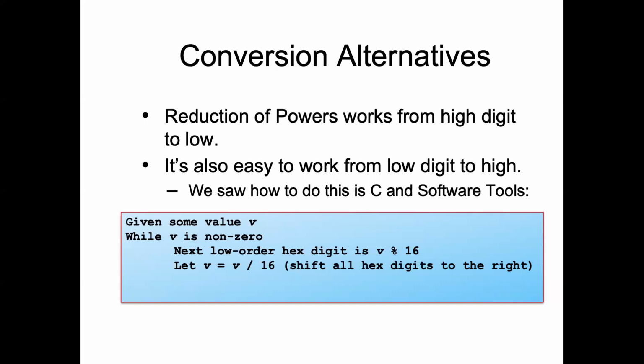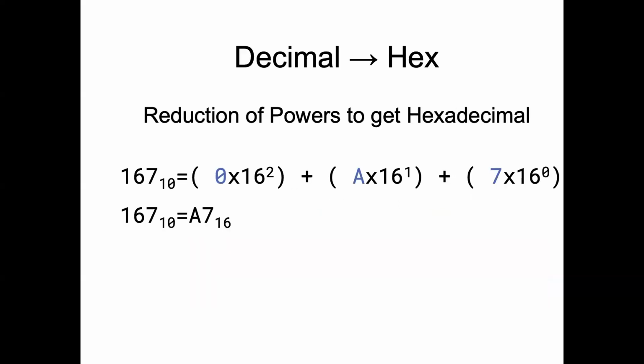When we did the same thing in C class, you may remember we would take a number, and we could mod it by 16 to find out what the lowest order hexadecimal digit was. And then we could divide by 16 to effectively slide all the hexadecimal digits in the lower order direction. And then we could just keep doing that until we accounted for the whole number, until we reached a value of 0. You could try this yourself. This should give us exactly the same result we just got using the reduction of powers method.